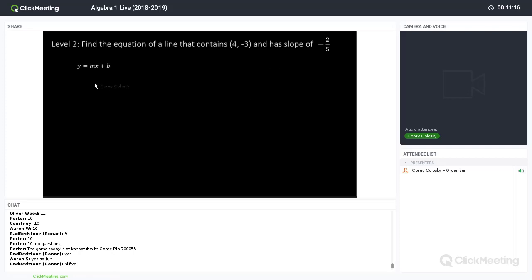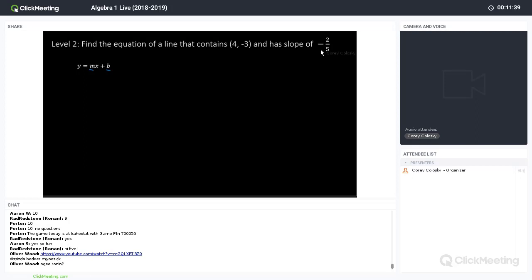In our format y equals mx plus b, we need m and b. So sorry, no, we have slope. We're trying to find the y-intercept. Sorry, I got it backwards. So here we have the slope, but we don't know the b value. All right, so I'll walk you through this one, and we'll let you try the next one on your own. But if you know it, you can feel free to type in the chat box.